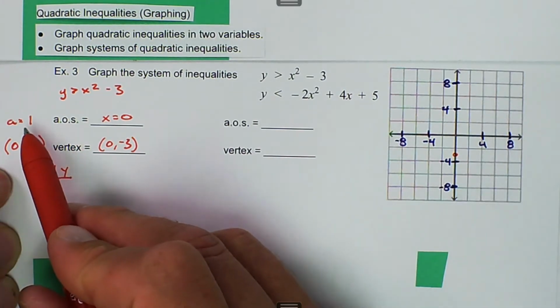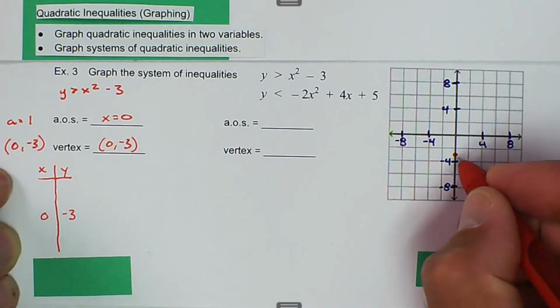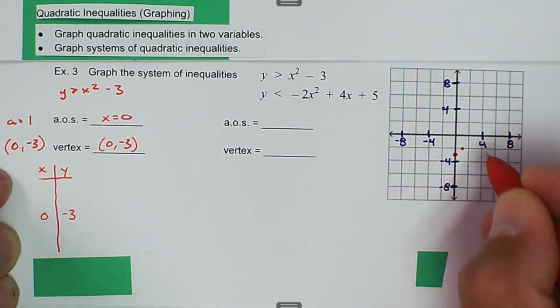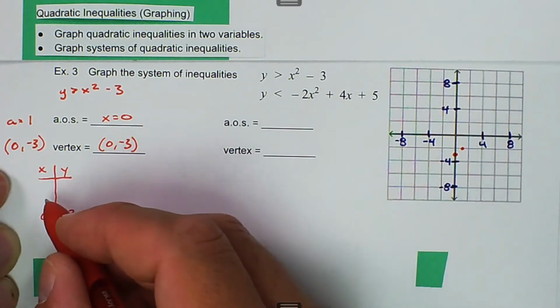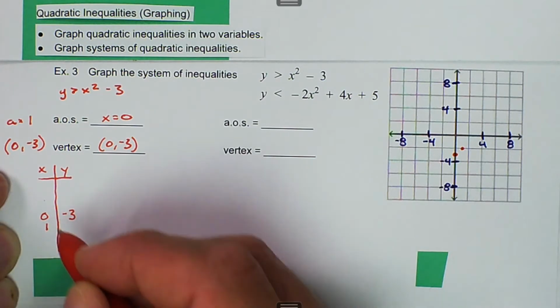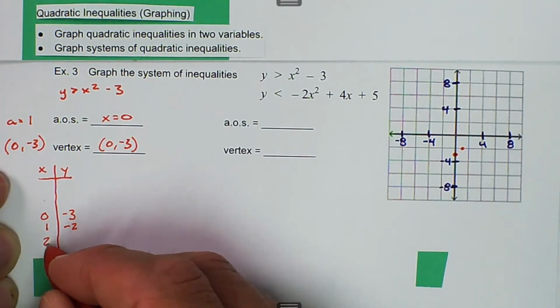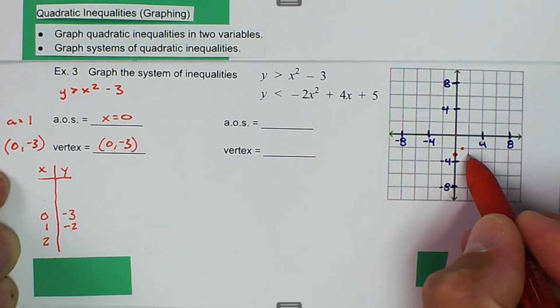Because the a value is 1, it's going to be the same as the parent function. So we go to the right 1, we go up 1. So that is going to be 1, negative 2. If we go to the right 2, we go up 4.